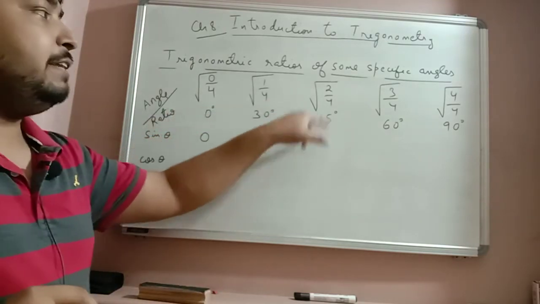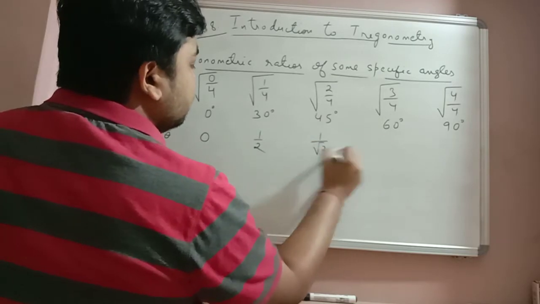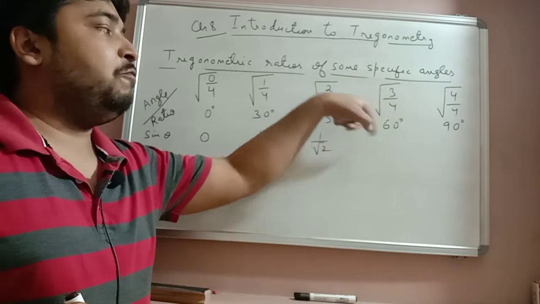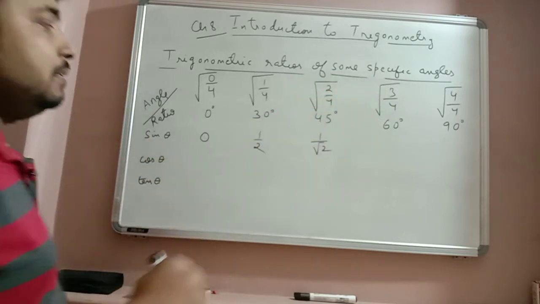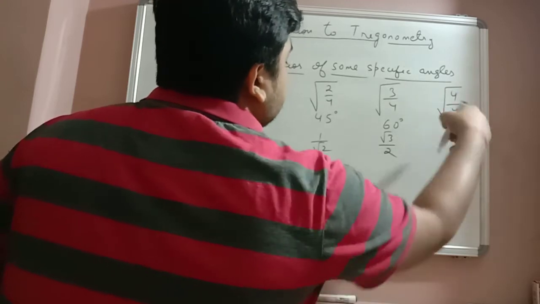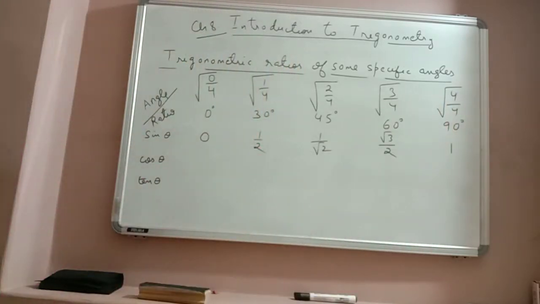Sine 45 degree will be 2 by 4 under root, that is 1 by root 2. Sine 60 degree will be 3 by 4 under root, that is root 3 by 2. And sine 90 degree will be 1. 4 by 4 is 1 and under root 1 is 1.